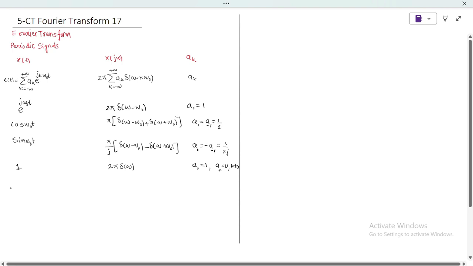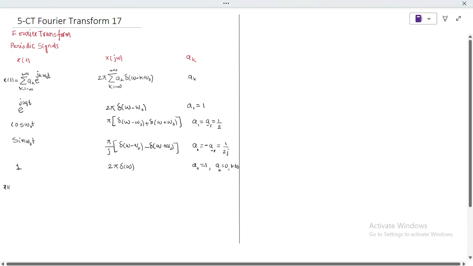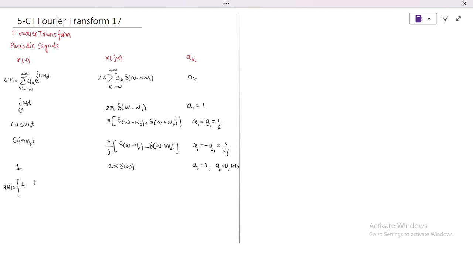You know the periodic rectangular pulse signal, that is x of t equal to 1 for mod t less than t1, and 0 from t1 to half of the time period. So this is a rectangular pulse periodic signal.